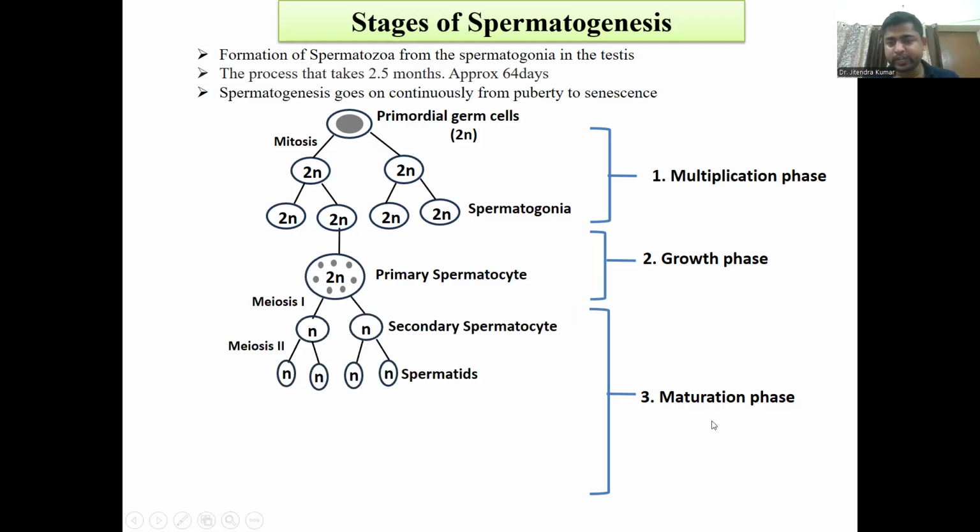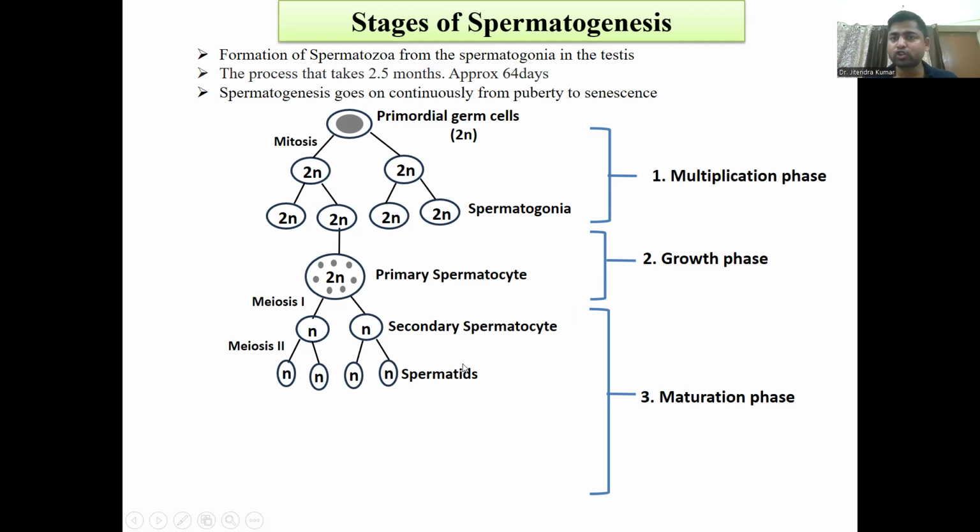And in the maturation phase, the primary spermatocyte enters into meiotic division. By meiosis I, it divides and forms two secondary spermatocytes, and they are haploid. They contain 23 chromosomes. Meiosis II forms the four spermatids.